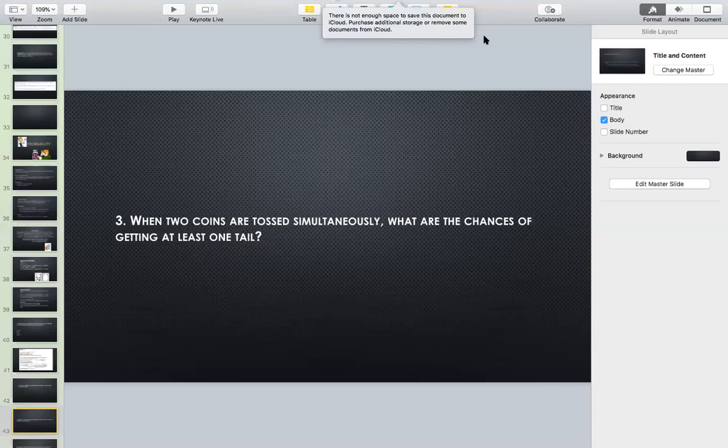Everyone is giving the correct answer. While discussing sample space, we already found that the sample space of tossing two coins has four outcomes: head head, head tail, tail head, and tail tail. So the probability would be 3 by 4. So this was a simple question.